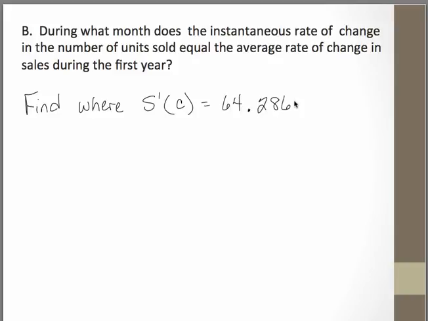Now, this is another great opportunity to maybe use our calculator to do some of the work for us. Because of course it will graph the derivative for us, and we could really set that equal to this value that we found and just find the intersection. So let's go ahead and try it that way.